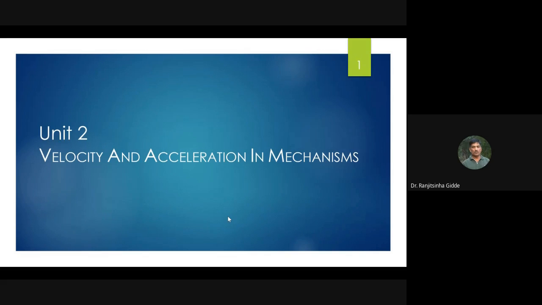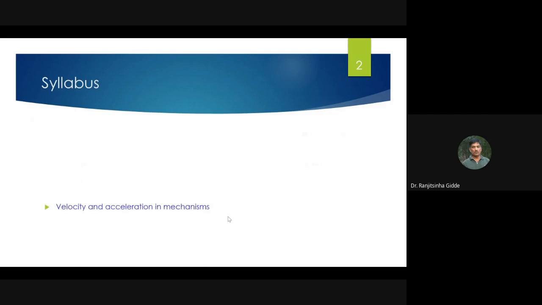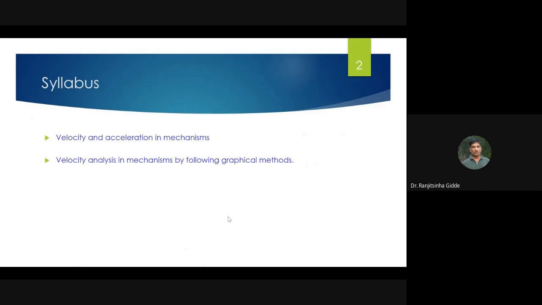For such mechanisms, we need to find out velocity and the acceleration for a particular link in a mechanism.